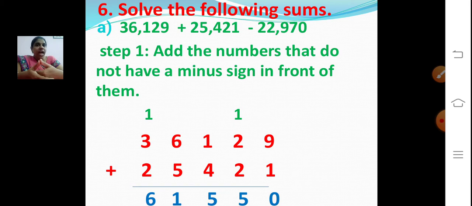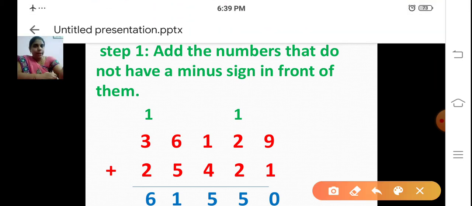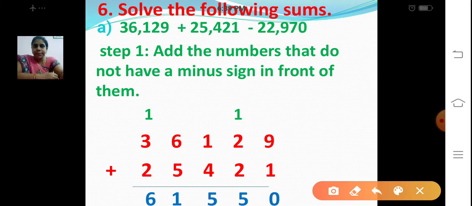See, here in this sum we have addition and subtraction all together. So what do we have to do at that time? First do the addition. Step 1: add the numbers that do not have a minus sign in front of them.